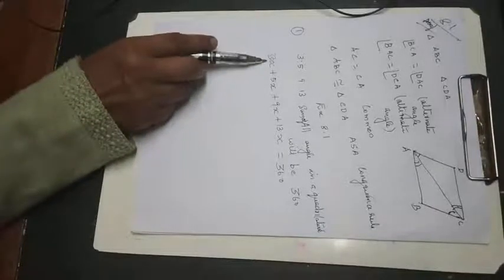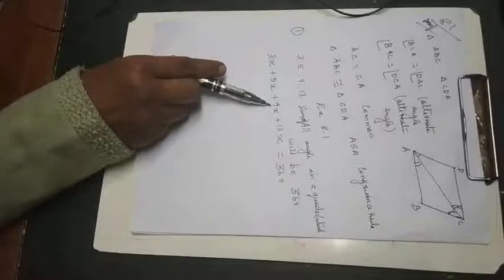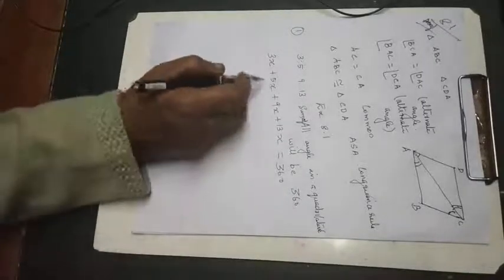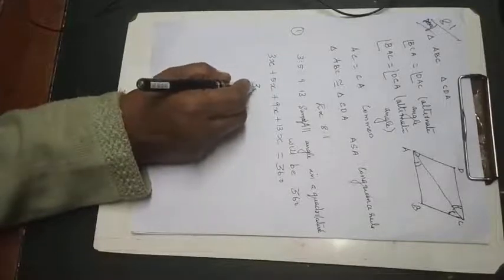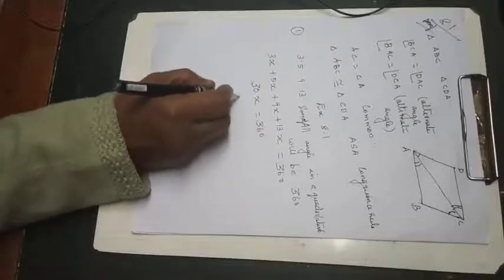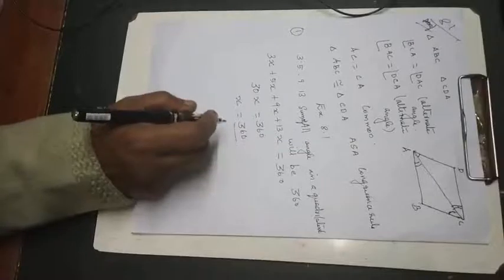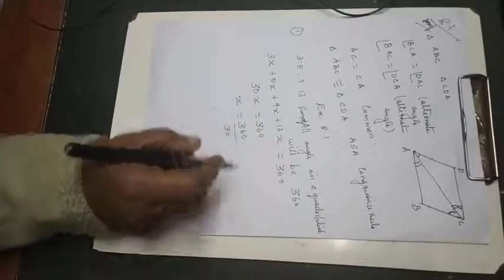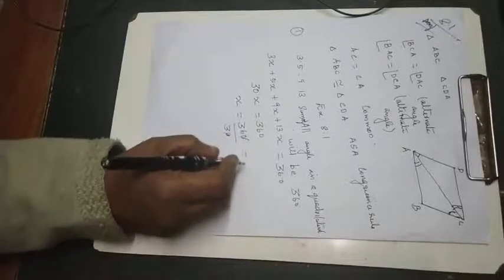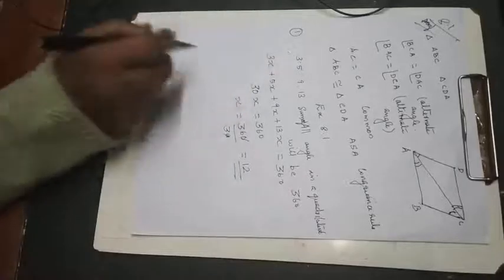So 3x plus 5x is 8x, plus 9 is 17, plus 13 is 30. So 30x equals 360. Then what is x? 360 divided by 30, 36 by 3, so you will get 12.